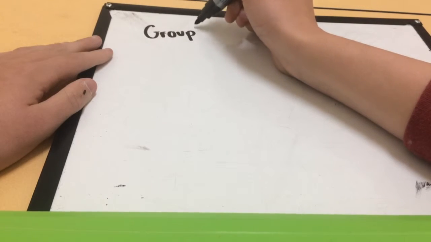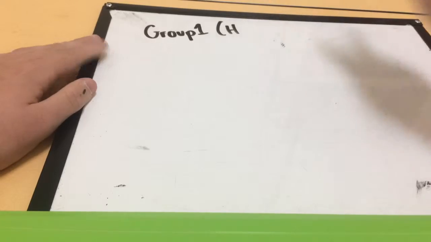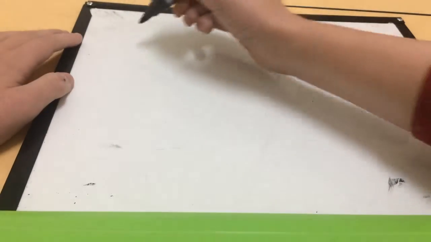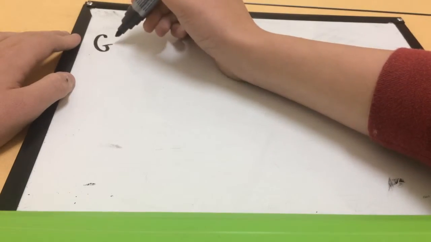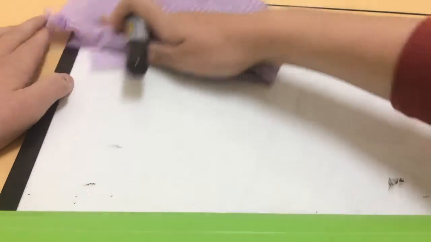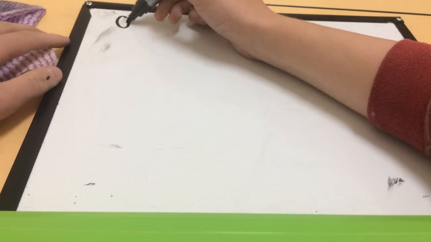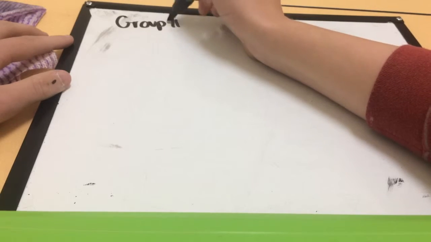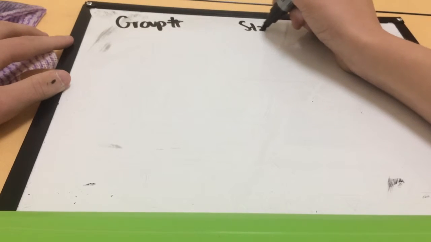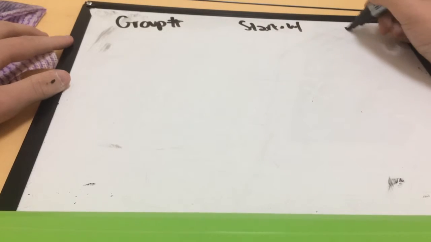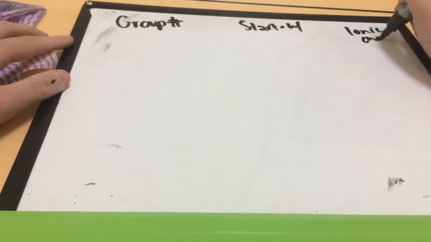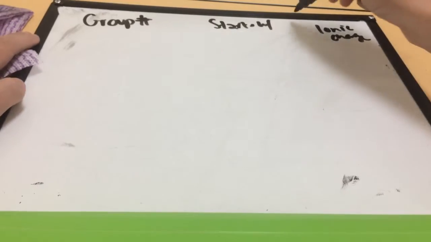I'm going to basically draw a big table here, and I might even put a digital version on the website. I'm going to write a table. So group number, starts with an ionic charge. This makes sense.